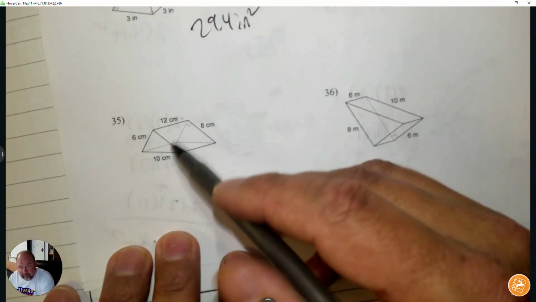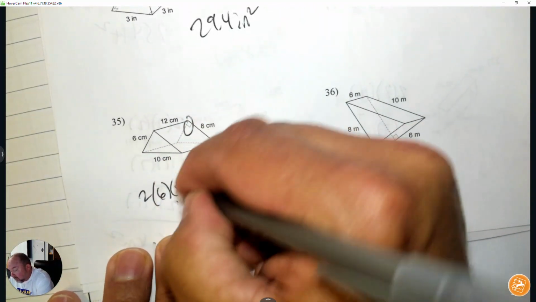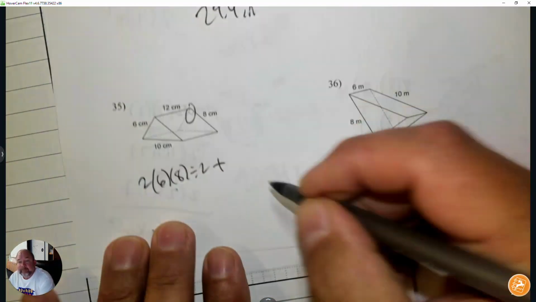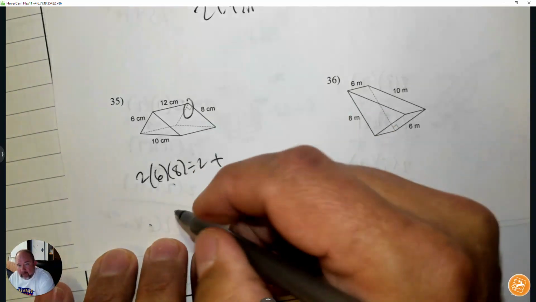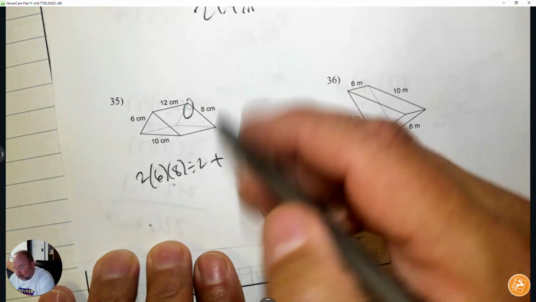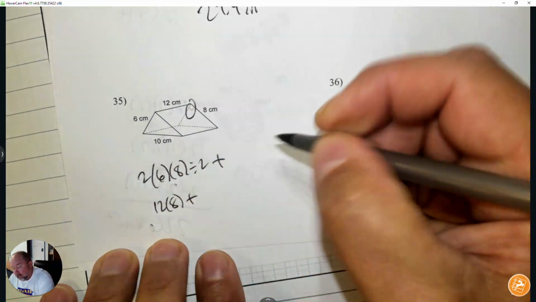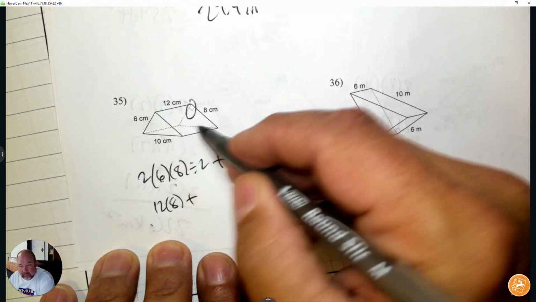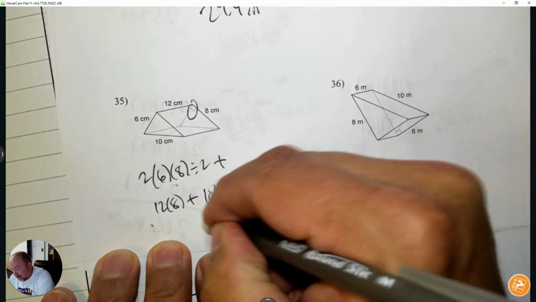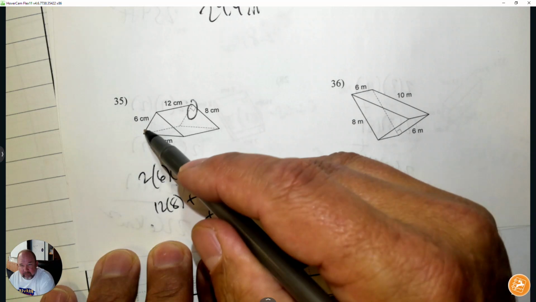This is a prism. There are 2 triangles, the base and the height, and then divide by 2. And then there are rectangles all the way around. So one rectangle is 12 by 8. Another rectangle on the bottom is 10 by 12. And then another rectangle on the left there is 6 by 12.